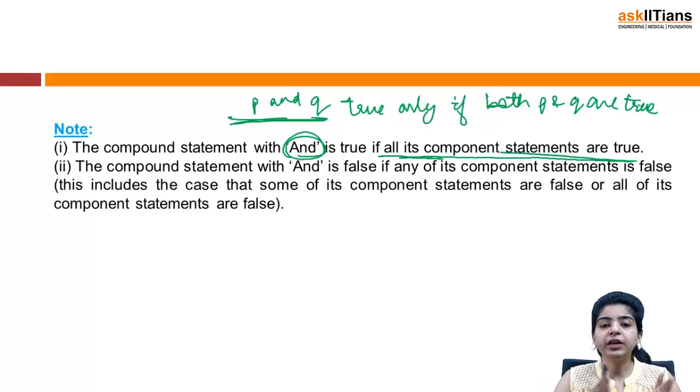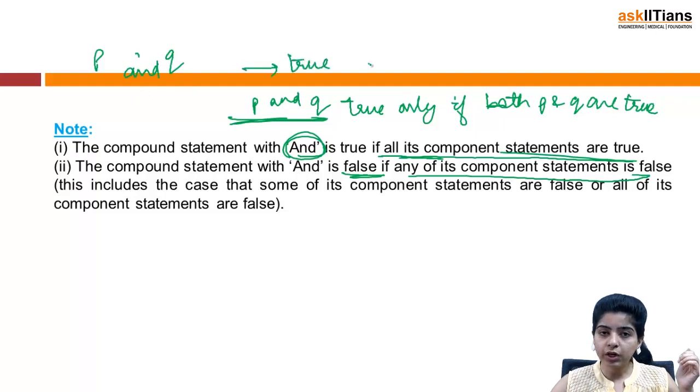So P and Q both have to be true in order for P and Q to be true.